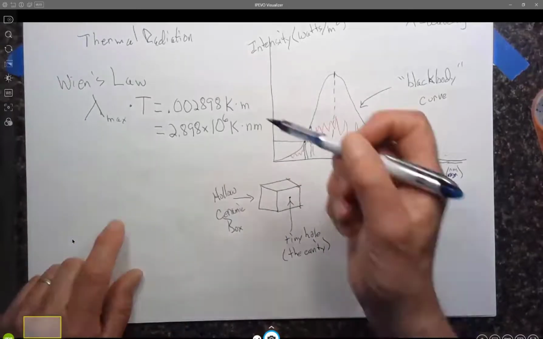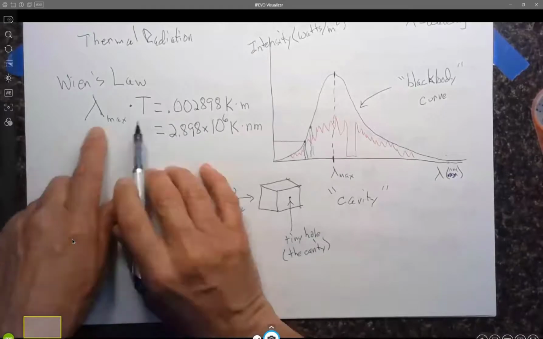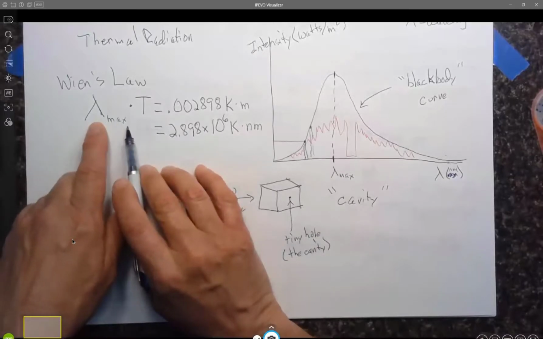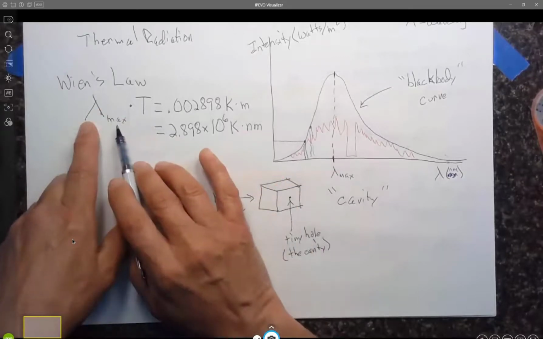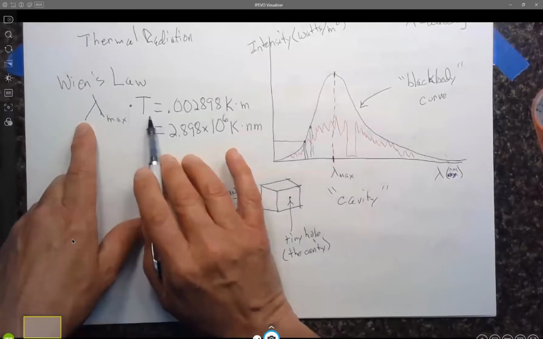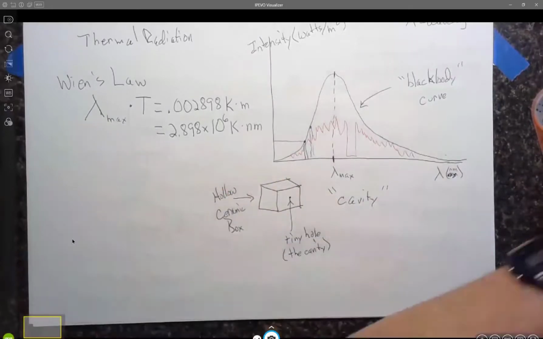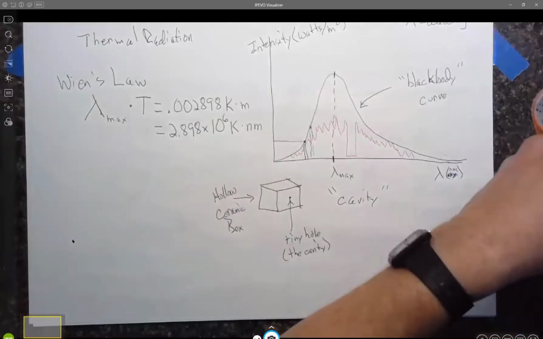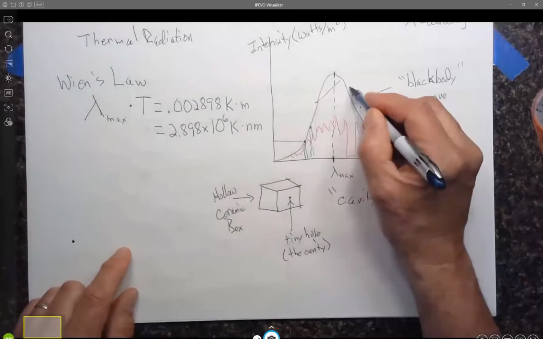There's another law that has to do with thermal radiation. Wien's Law just has to do with the peak of maximum intensity, and you've got this relation between the wavelength of maximum intensity and the temperature. And so that's just one point on the curve. But there's another law that has to do with the total area under the curve.